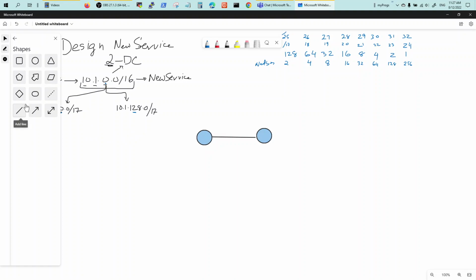What we're trying to do is put a new service for the data center. So typically the WAN routers would be connecting to, let's say, an L3 core switch, right?